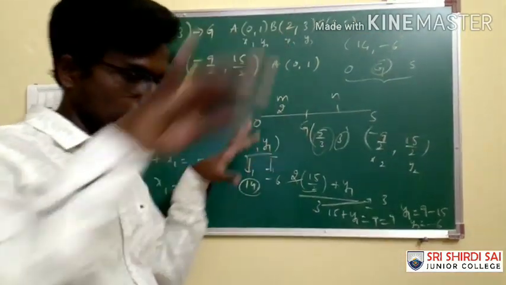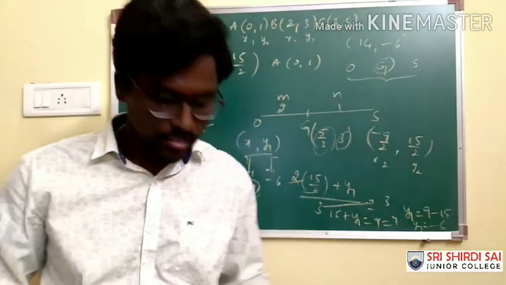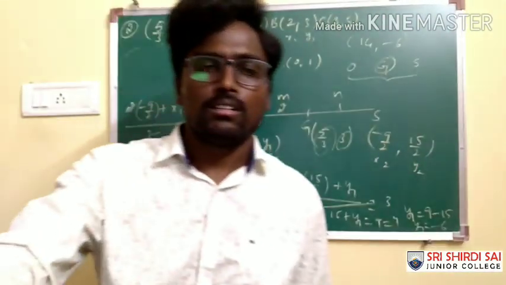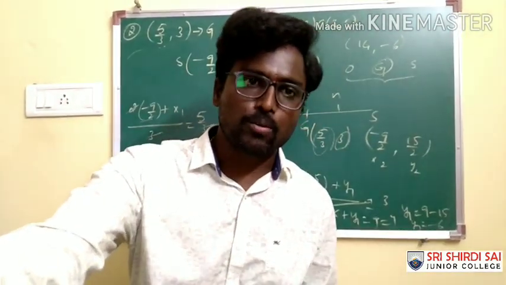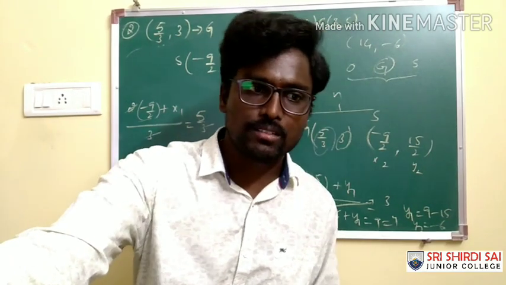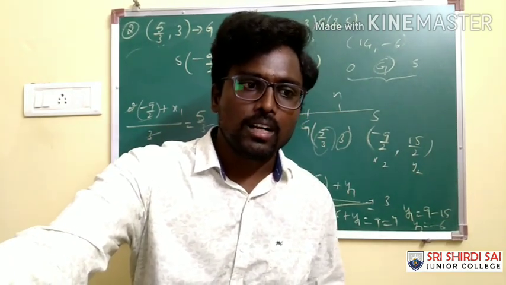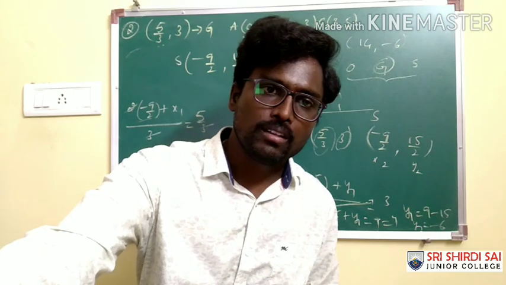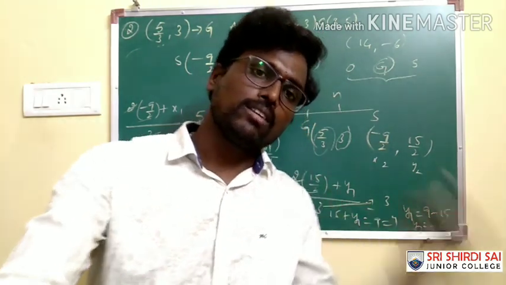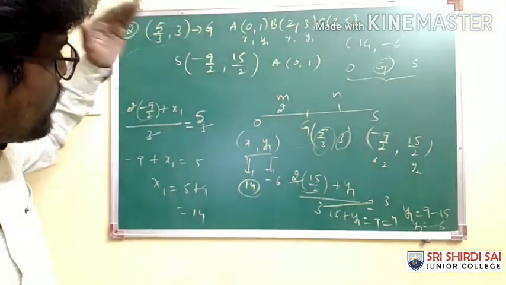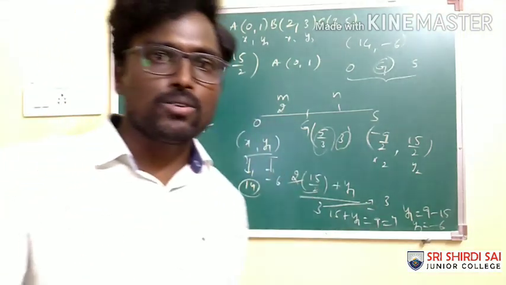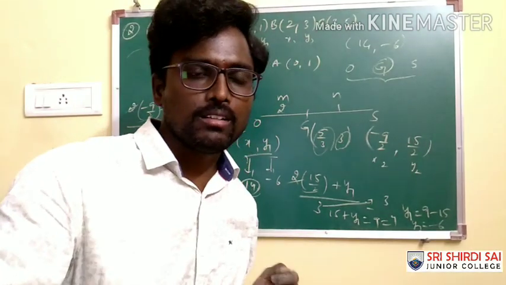See how many problems are covered in one application. The first one is finding the third vertex when provided the coordinates of the centroid and two vertices. The next one is calculating the coordinates of the circumcenter with the help of SA equal to SB equal to SC.